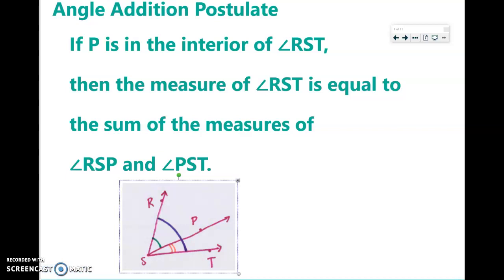Here is a visual representation of angle RST, and P is in the interior, so between R and T. So creating this ray SP, we now have these 2 smaller angles. They do not have to be congruent. So if you notice here, these are called arcs. So RSP and PST added together gives us RST.